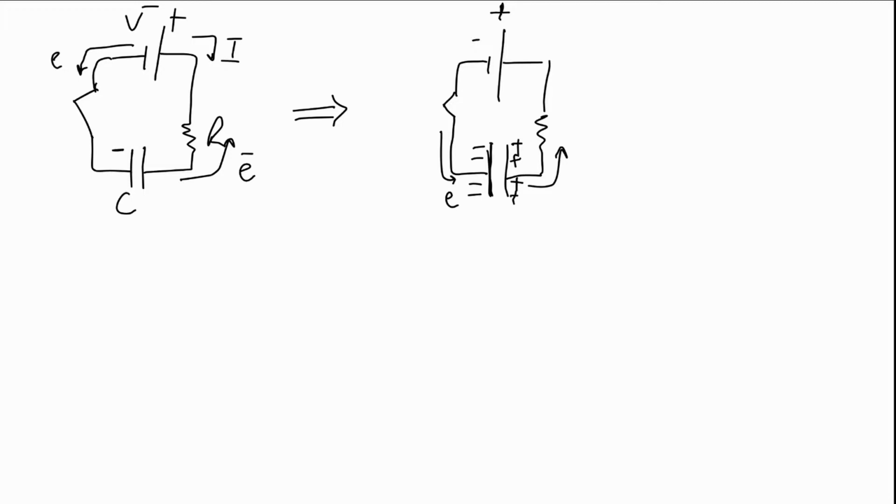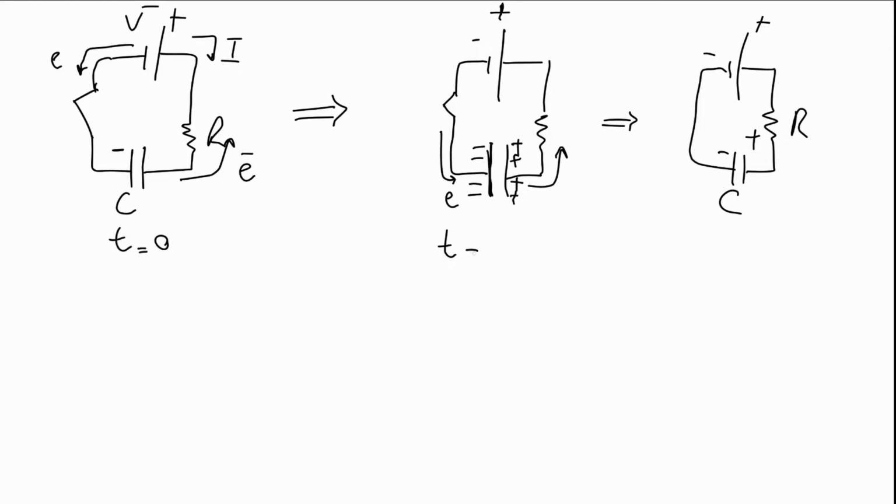So it would be something like this: time equals 0, time more than 0, which means that a little time has passed, and time at infinity, that's much bigger than 0.